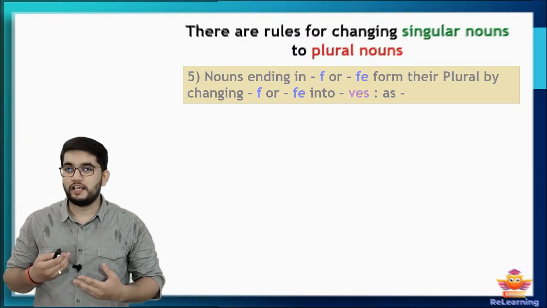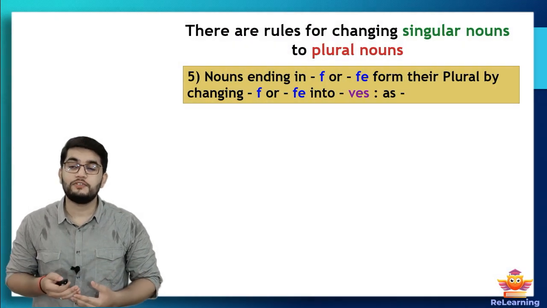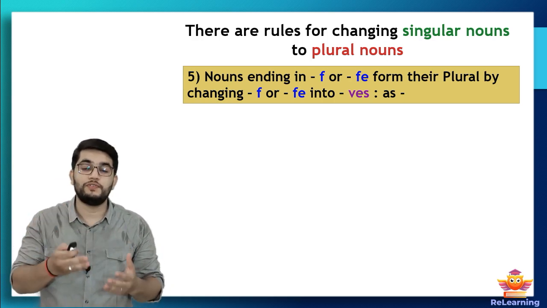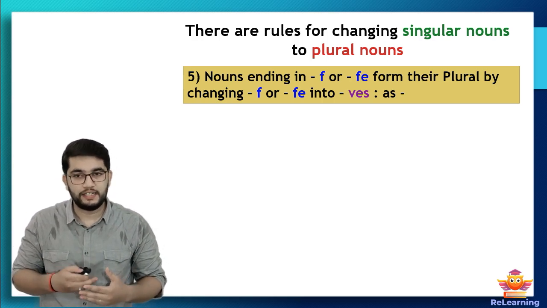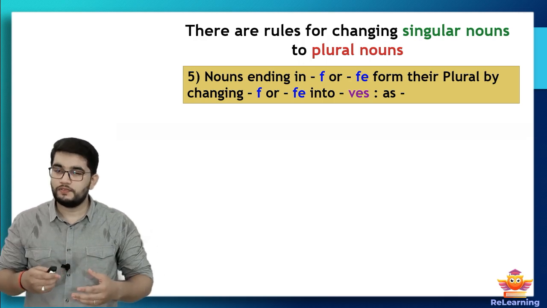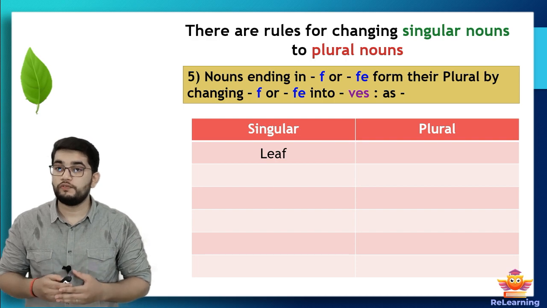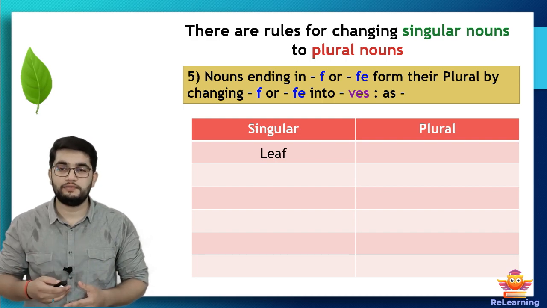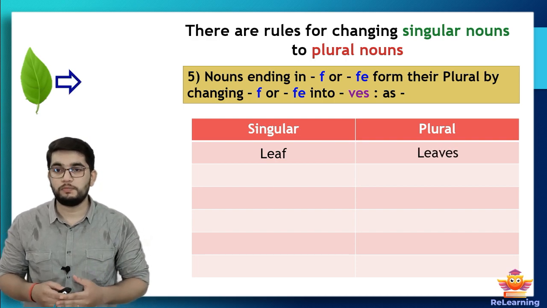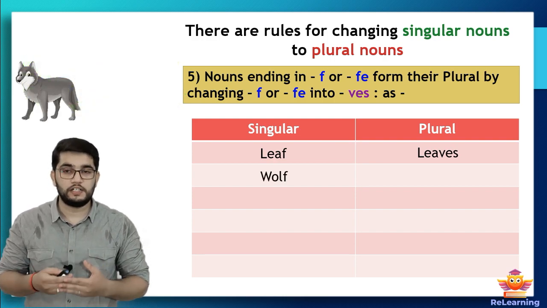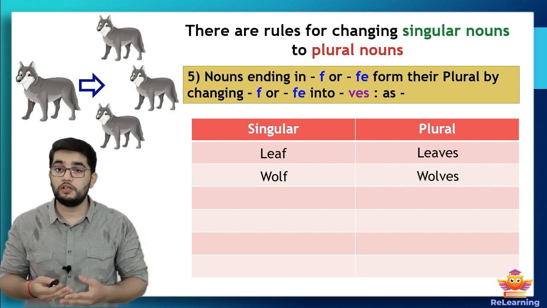Nouns ending in f or fe form their plural by changing that f or fe into ves. Getting it? Let's see the example. The first example is leaf. Now leaf ends with f. So what we have to do is we have to change that f into ves. So it becomes leaves. Next is wolf. Wolf also ends with f. It becomes wolves.